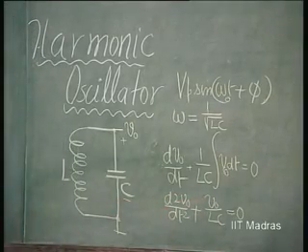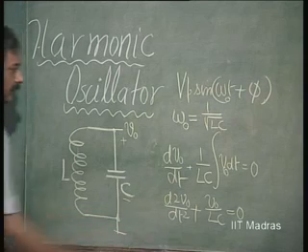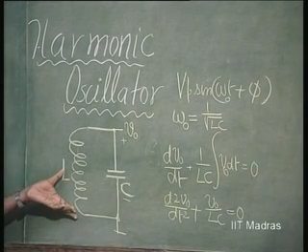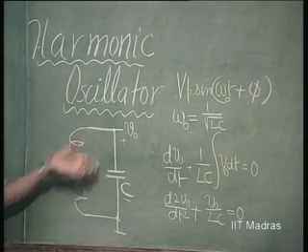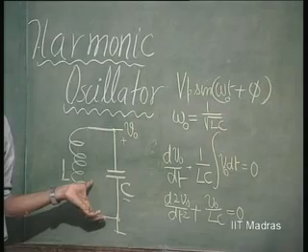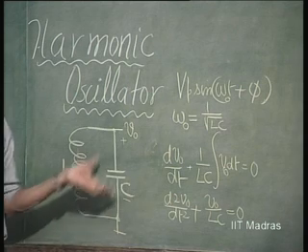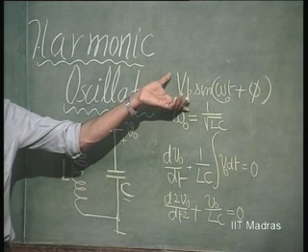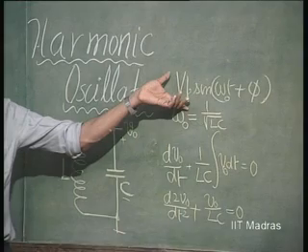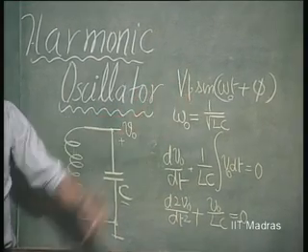So omega naught is equal to 1 over root LC. This is a resonant circuit which can sustain sinusoidal oscillation with certain amplitude. It does not tell anything about the amplitude, it depends upon the energy that is pumped into it. So that will be sustained throughout with that magnitude, it will not decay or grow, right. So this is the case.